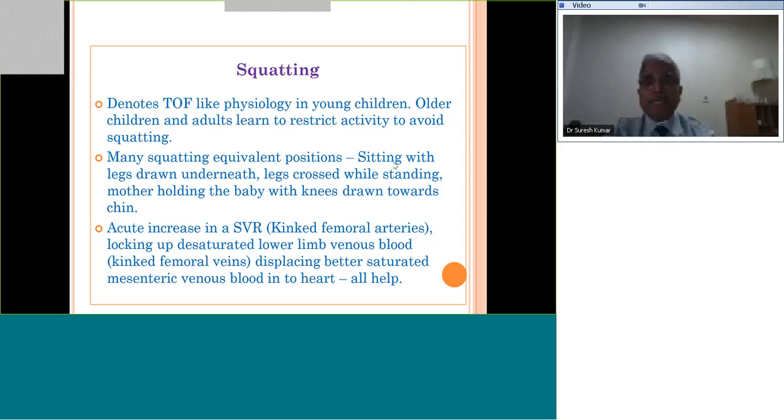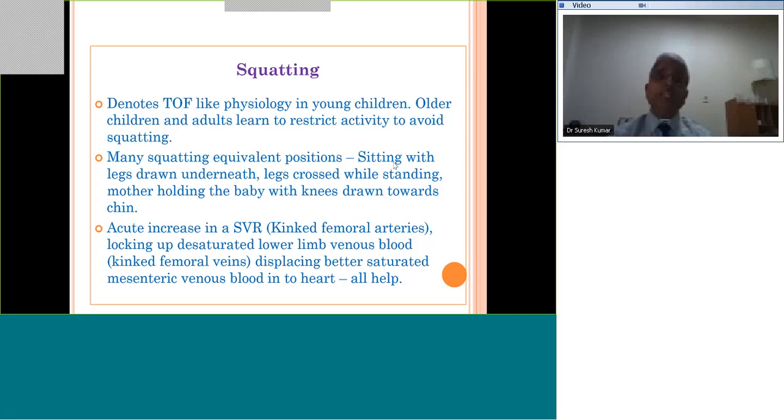When you are bending the thighs, there is an acute increase in the systemic vascular resistance because the femoral arteries are kinked. Also, the femoral veins are kinked, which leads to a lockup of systemic venous blood in the legs. And as you are drawing the thighs towards the abdomen, the better saturated mesenteric venous blood is displaced towards the heart.